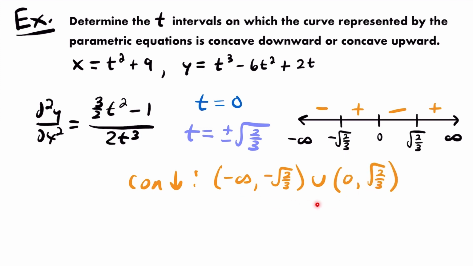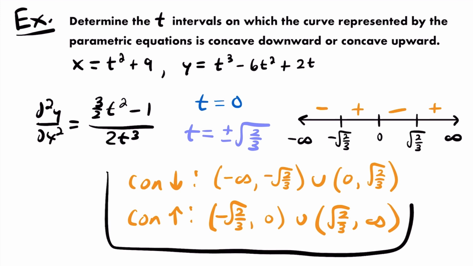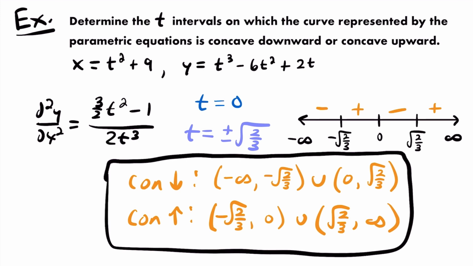All right, so those are the values of t for which our curve is concave down, and then it's concave up for the interval from the negative square root of 2 divided by 3 to 0. That is this interval right here, and then we want to union that with this interval where it is also concave up. So we'll union that with the square root of 2 divided by 3 to infinity. And so right here, we have our t intervals of concavity for the curve represented by these parametric equations.